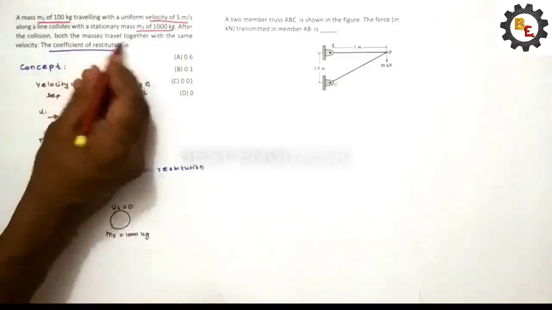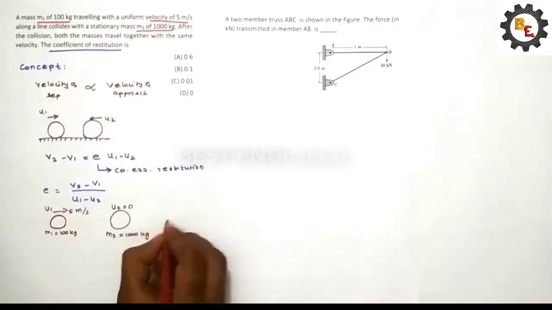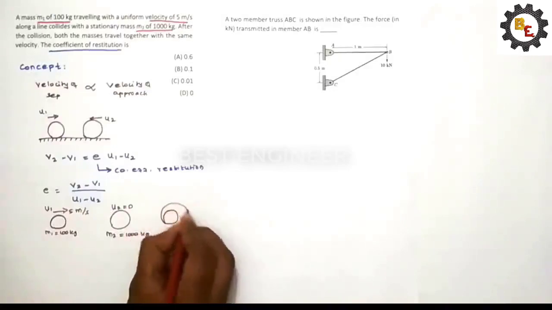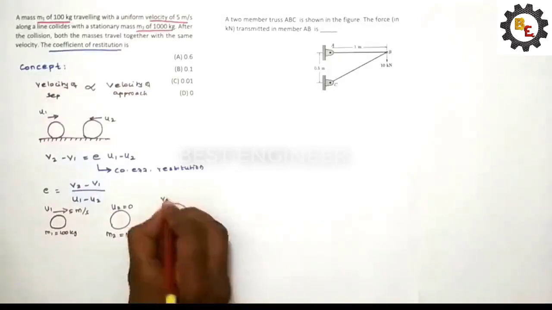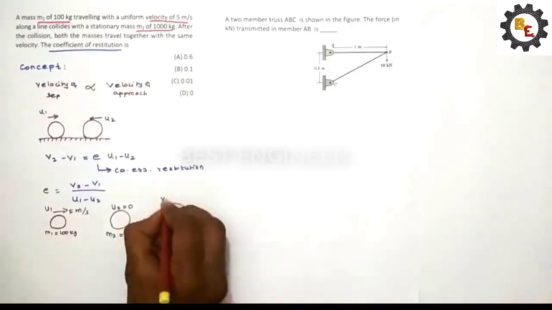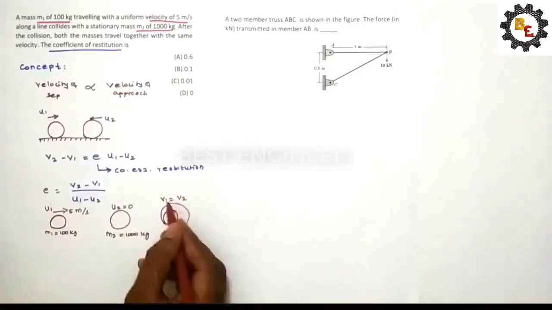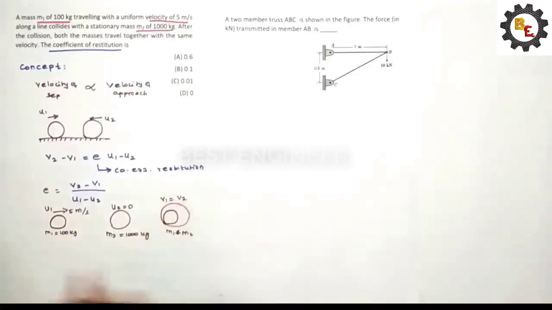After collision, both masses, m1 and m2, travel with the same velocity, so v1 equals v2.